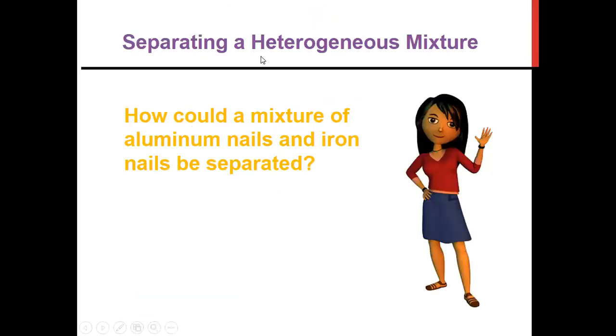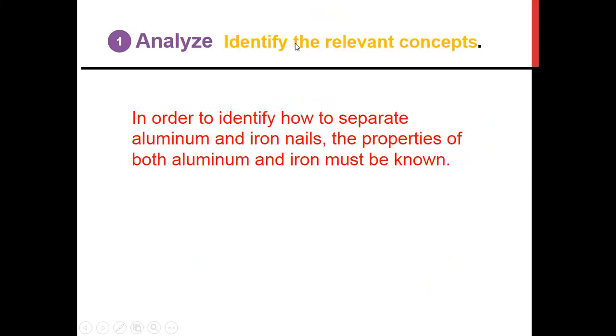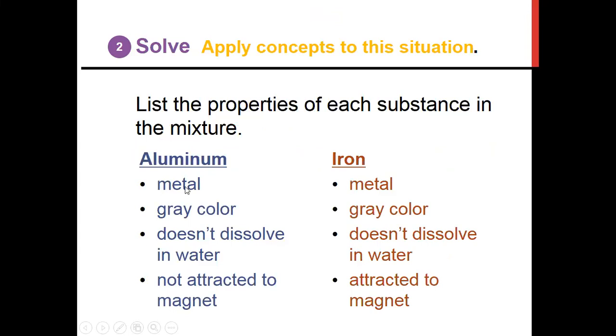Okay, separating a heterogeneous mixture. How could a mixture of aluminum nails and iron nails be separated? Let me think about it. To analyze, to identify the relevant concepts. In order to identify how to separate aluminum and iron nails, the properties of both aluminum and iron must be known.